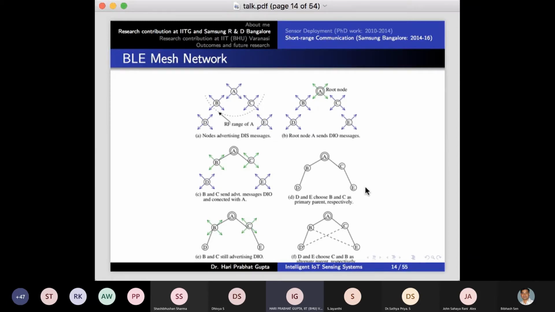Another advantage or uniqueness of this BLE mesh network is that by default Bluetooth is for peer-to-peer communication. The difference between Bluetooth and Zigbee is that Zigbee is one-to-many and Bluetooth is one-to-one peer-to-peer. But as we see in a smartphone, when we start the Bluetooth hotspot, that is one-to-many. Why?